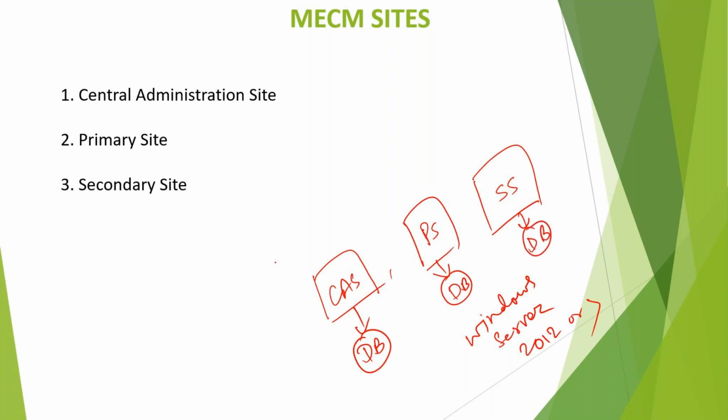Now, central administration site is an optional site server. Primary is mandatory and secondary is optional. The maximum limit of devices you can have is 825,000 in one central administration site hierarchy. In one primary site, you can have a maximum of 175,000 devices.